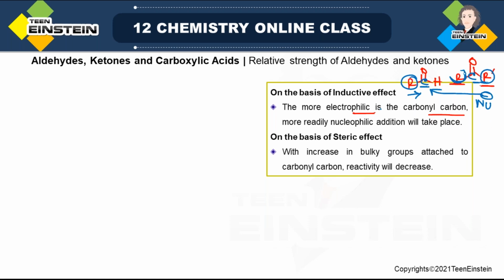So if you compare the nucleophilic attack in aldehyde and ketone, in which case will it be better? Obviously for aldehyde, because here the inductive effect is less. So the carbonyl carbon is more electrophilic. Electrophilic means more electron deficient. The attack by the nucleophile is more readily possible. So if you compare the reactivity of aldehyde and ketone, obviously aldehyde will be more reactive.